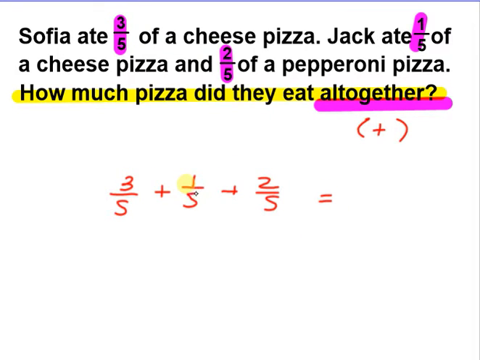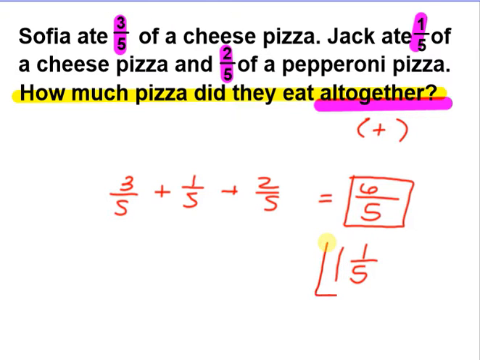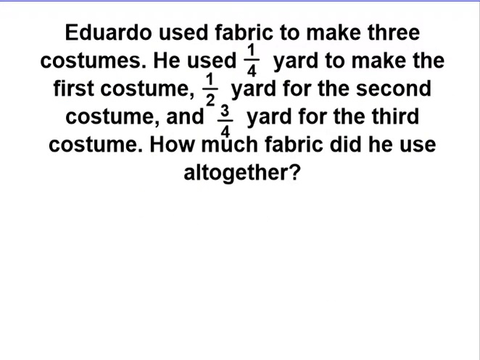So 3 plus 1 is 4, plus 2 is 6. So altogether, they ate 6/5 pizza, but in terms of pizza, I kind of like to see that in a mixed number, and so that's going to be 1 and 1/5 pizzas that they ate.